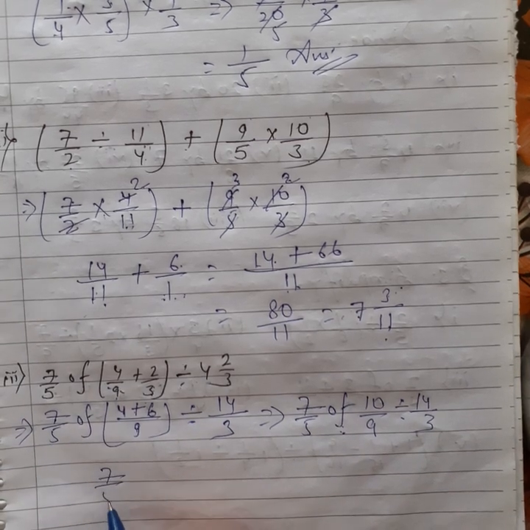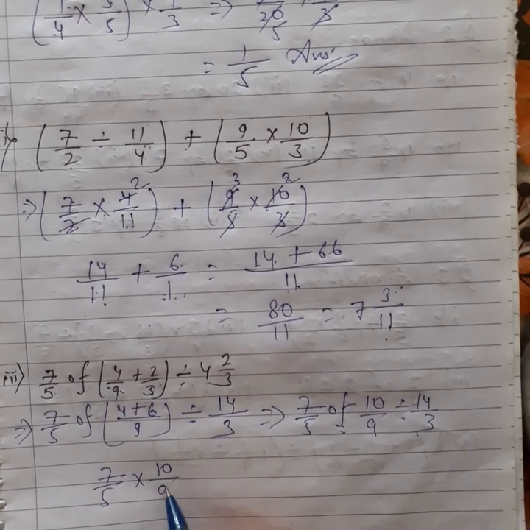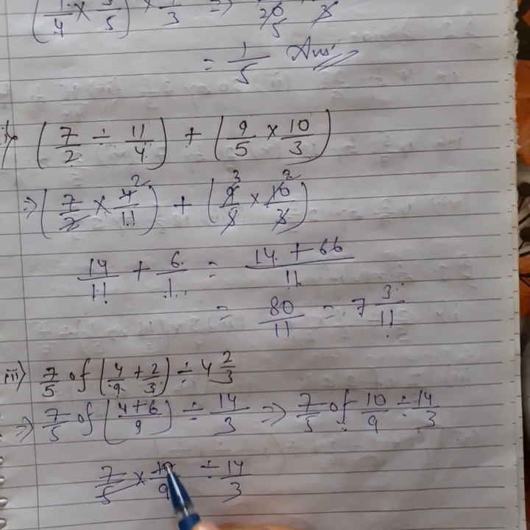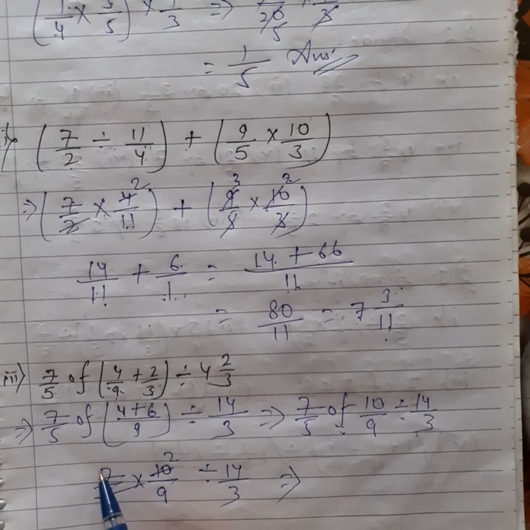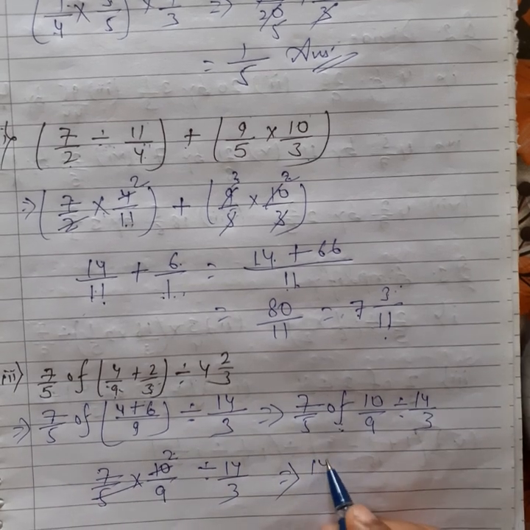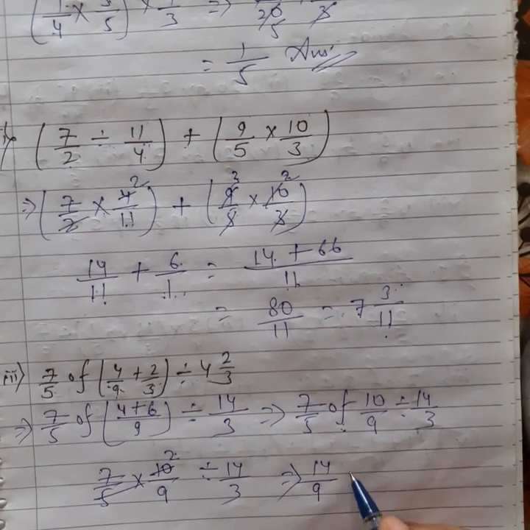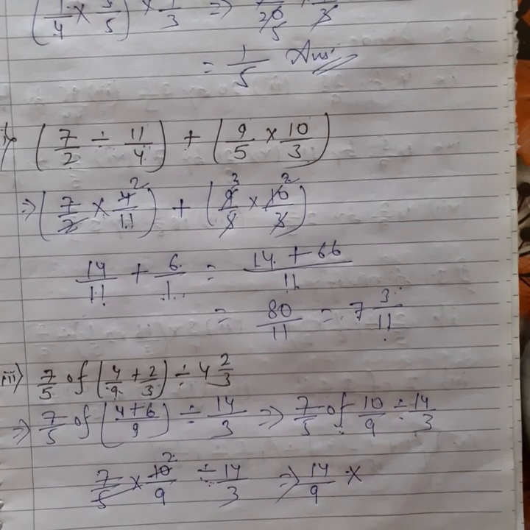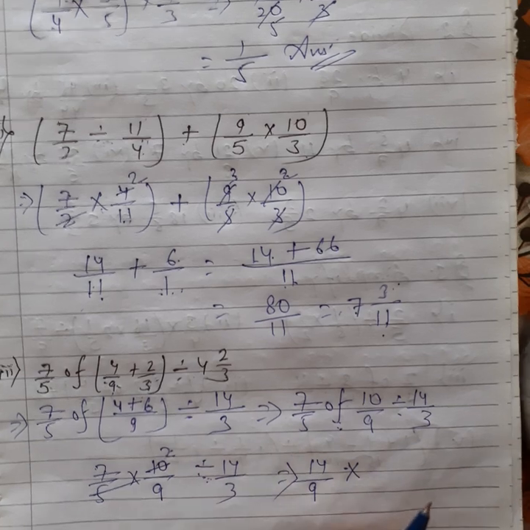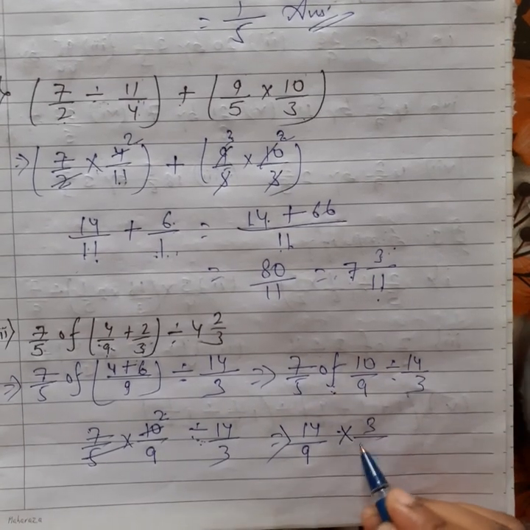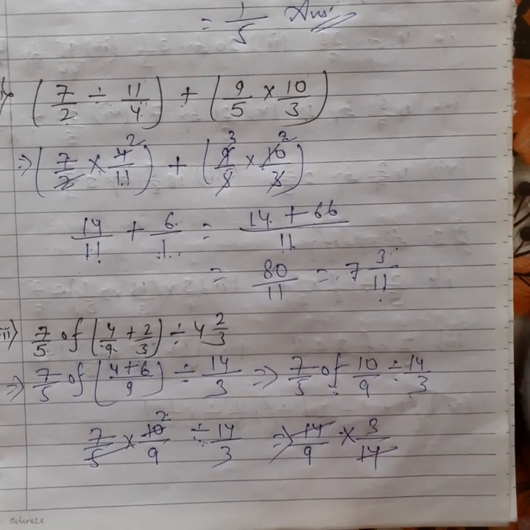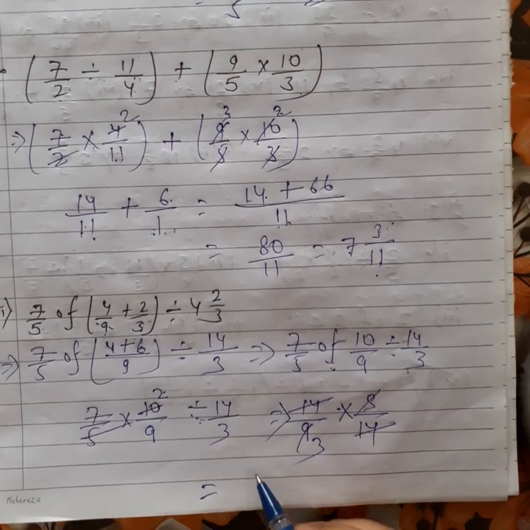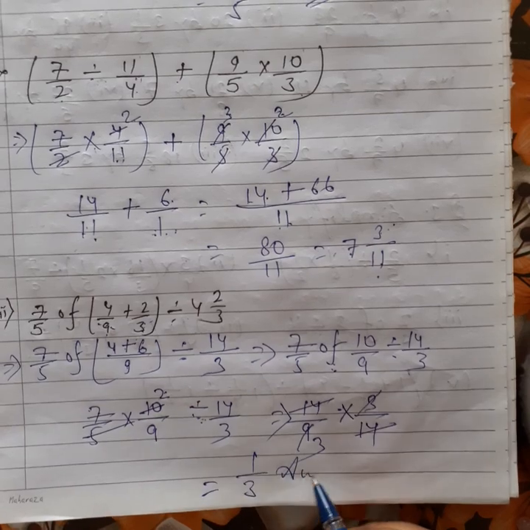So 7 by 5 into 10 by 9 divided by 14 by 3. 5 twos are 10. It becomes 7 twos are 14 by 9 divided by. Now we change the division sign to multiplication and write the reciprocal of 14 by 3, that is 3 by 14. Now 14 and 14 cancel, 3 threes are 9 and our answer is 1 by 3.